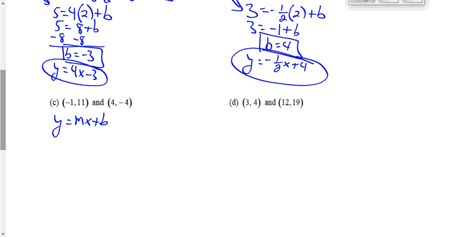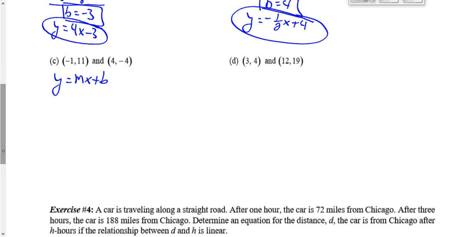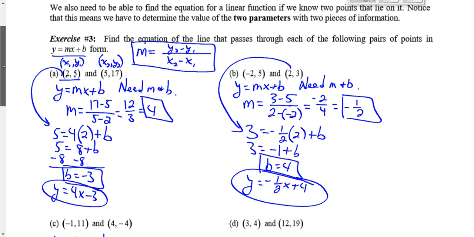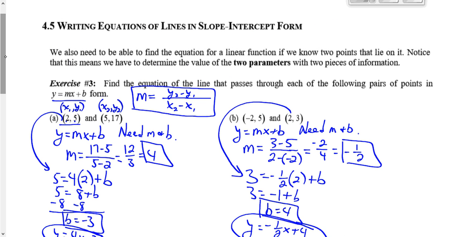All right, let's look at it. What do we need? M and b. Let's start with the m. What minus what on top? -4 minus 11. If you wonder where we're getting that, it's from the points on the graph.